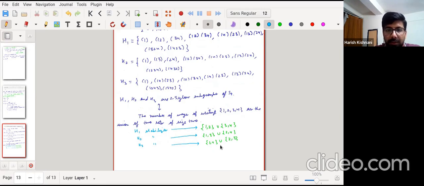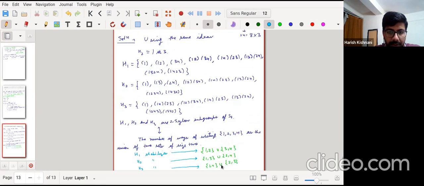So these three are just stabilizers of these partitions. As 1, 2, 3, 4 can be written as the union of two sets of size 2 in these three ways, there are three possibilities for p Sylow subgroups. For each decomposition you will get one. So for these three decompositions you are getting three, and the maximum value n_2 can take is 3. So here it's the one-one correspondence. Is it clear?